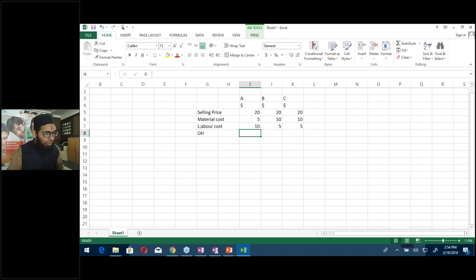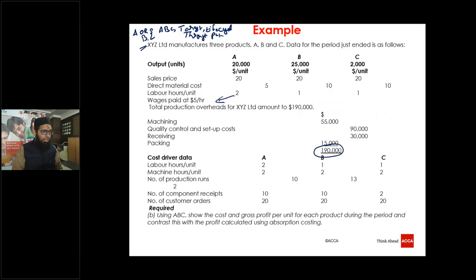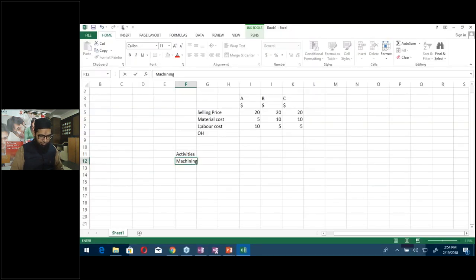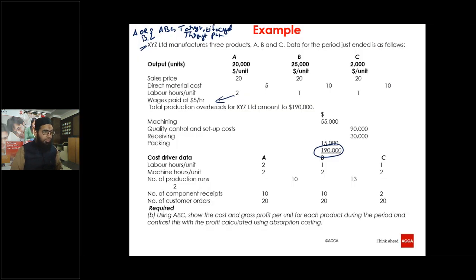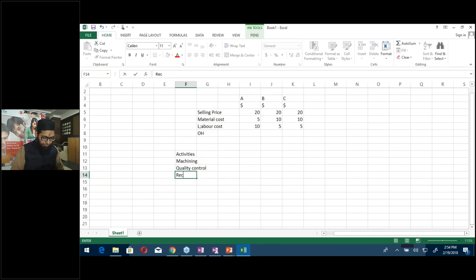Now let's cover the overheads. So for overheads, first of all, I will be writing the activities. So the activities over here are machining, quality control, then we are receiving and packing.